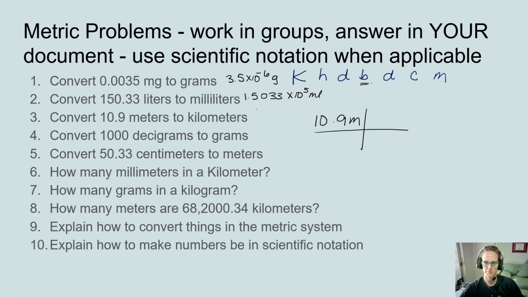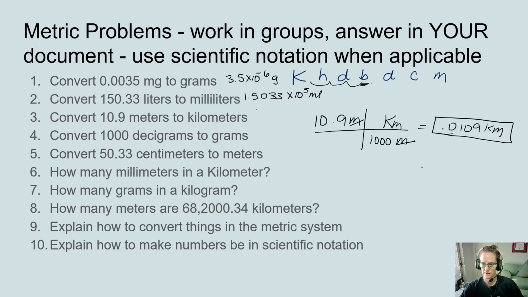Well, here's meters, the base unit, and now we're going to go 1, 2, 3 to the left to kilometers. So that means there are 10, 100, 1,000 meters per kilometer. So now I'm going to do 10.9 in my calculator, press the divided by button, 1,000 equals, and it's going to be 0.0109 kilometers.